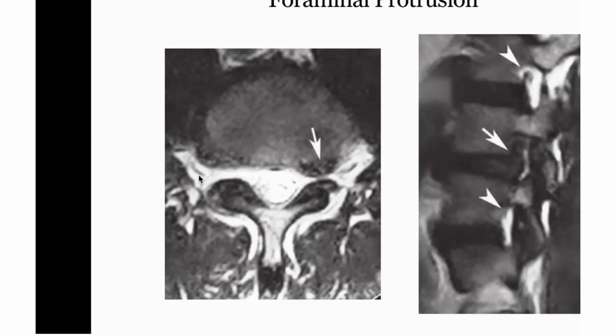But suppose you take a section from this part. Which section is this, sagittal or coronal? Sagittal, yes. When you take a sagittal section through the foramen, what we are seeing is that there's a big herniation over here, and it is compressing the nerve root area.